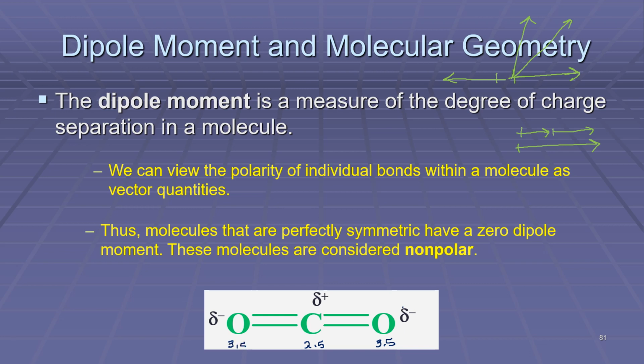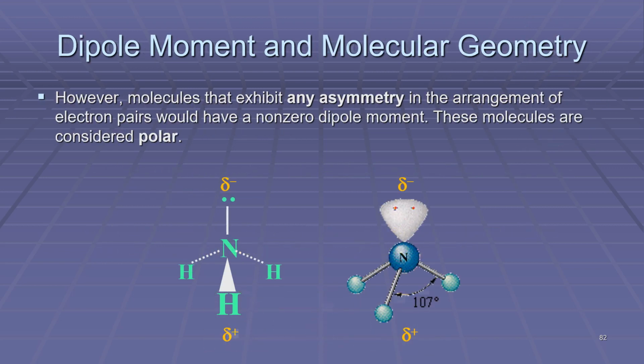So it's a vector. We have a vector pulling in that direction, and we have a vector equal and pulling in the opposite direction. So what happens is they cancel each other out. And so this molecule, even though it has polar bonds, actually has a zero dipole moment. So if it's symmetrical and the vectors cancel each other out, it's considered nonpolar.